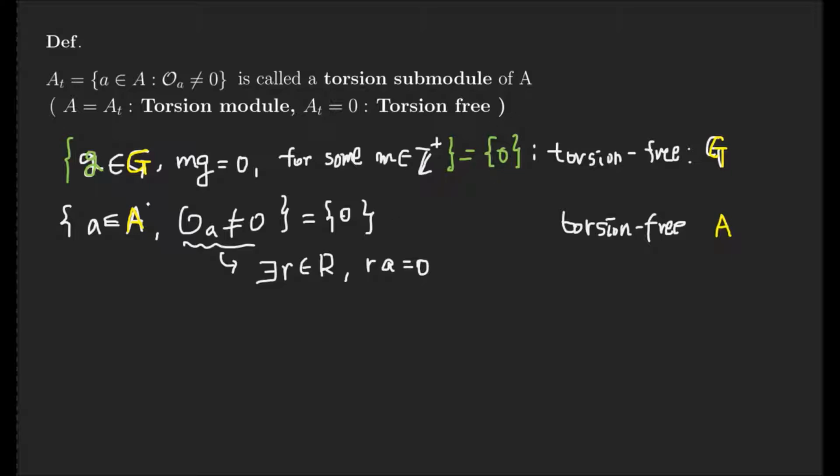And if this collection is non-zero, then this is called the torsion subgroup, and in the module case, the torsion submodule.